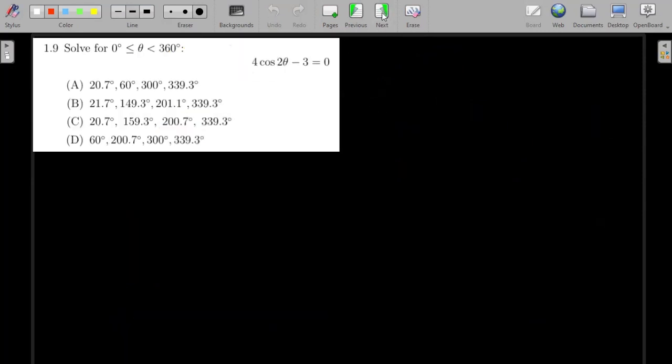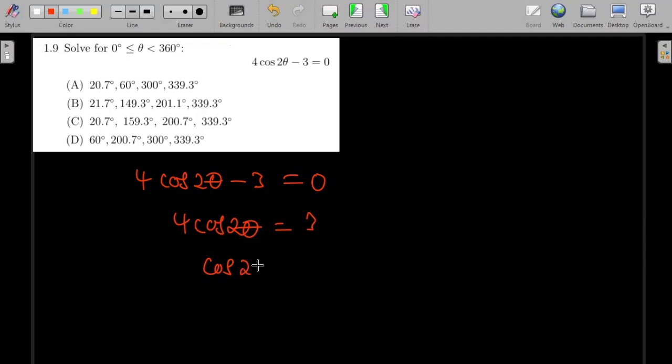Okay, so question 9, still the same. Here now we have 4 cos 2 theta minus 3 is equal to 0. So this will be 4 cos 2 theta is equal to 3. And then we divide both sides by 4. So it will be cos 2 theta is equal to 3 over 4.